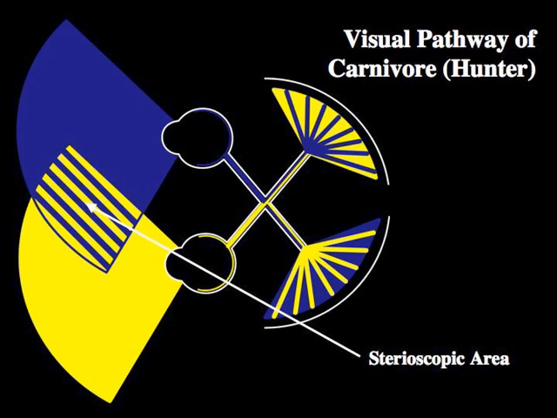So if they get into the left eye, they decussate, and if they get into the right eye, they don't decussate. But the information has decussated. It's either decussated in the optic chiasma, or it's decussated coming across the animal's midline before it gets into the eyes and into the neurological system. So that each cortex is now dealing with the same half of the visual field.